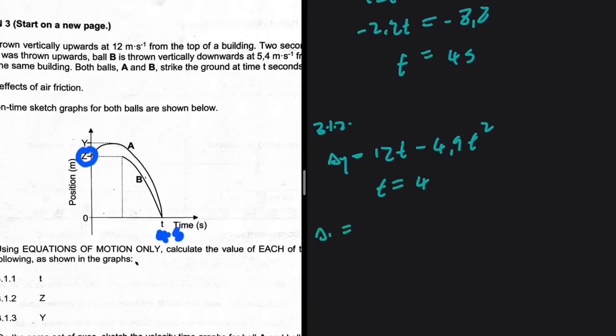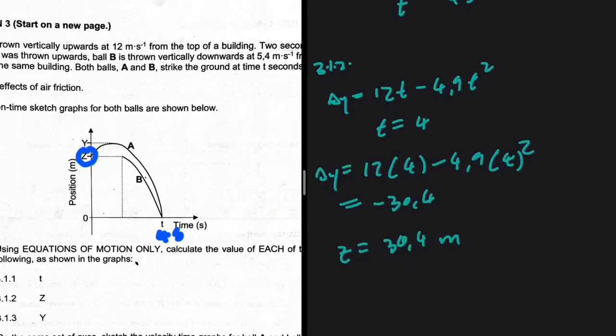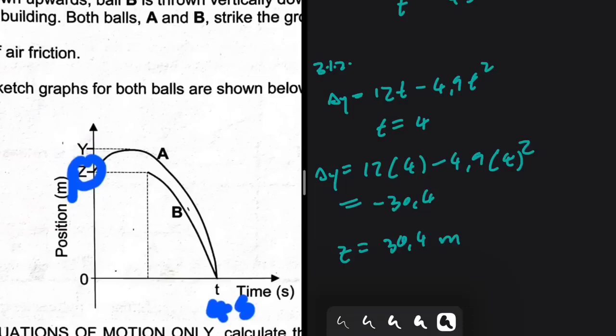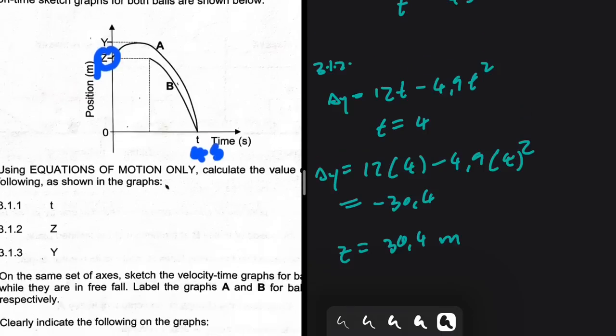So when we substitute here, we shall get delta y, which is z. So 12 multiplied by 4 minus 4.9 multiplied by 4 squared. This is minus 30.4. So z is equal to 30.4. It is in meters, but z is just going to be 30.4, because the meters is already in the brackets there. But yes, the two balls are projected 30.4 meters above the ground.